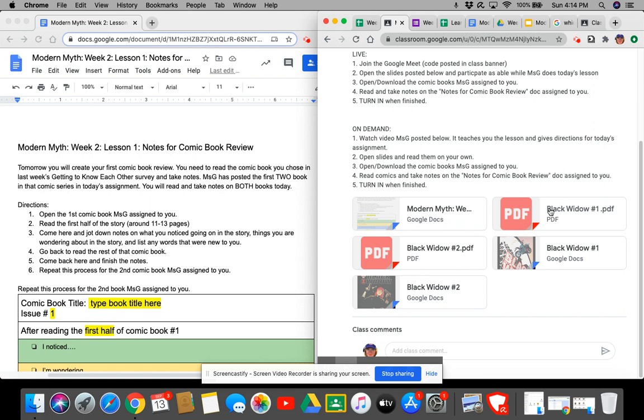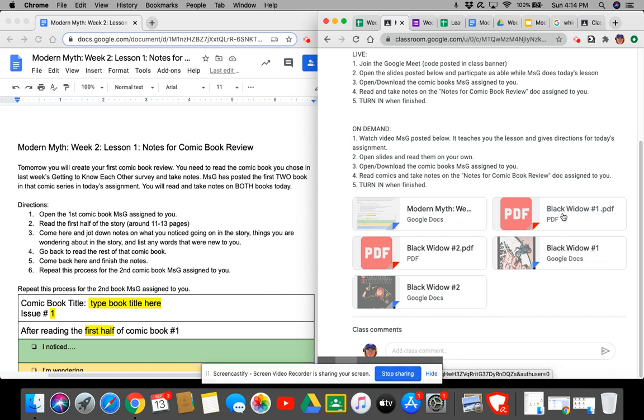Now, if the PDF doesn't open nice for you, you can open up the doc. This is the exact same Black Widow #1 in the PDF form as Black Widow #1 in the Google Docs. The same for Black Widow #2. Sometimes if the PDFs are too big, they won't open and they want you to download them, which is just a pain.